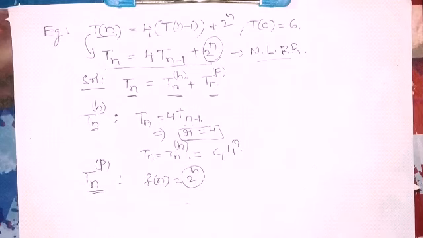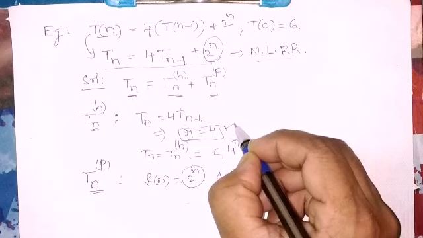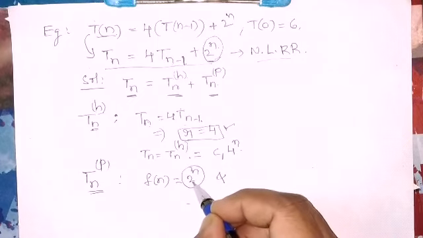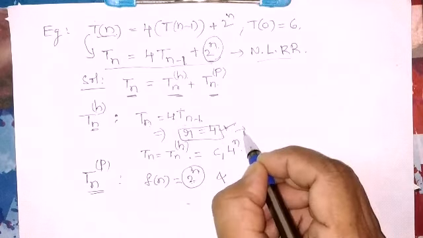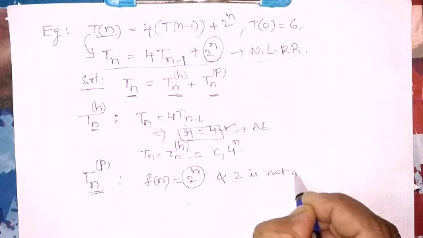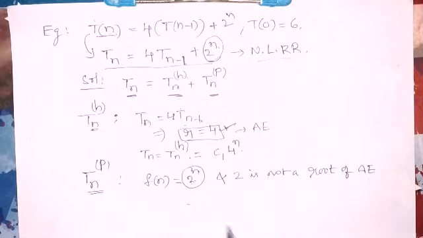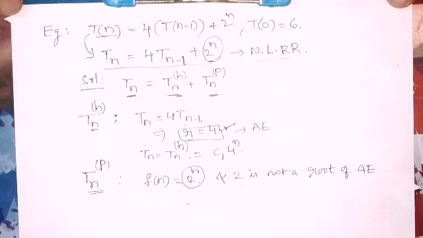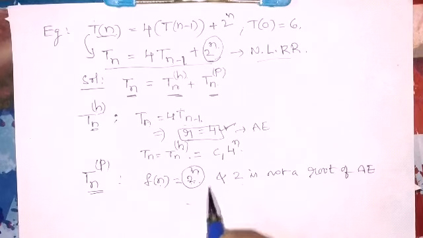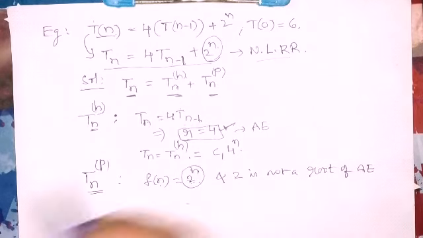Because 2 power n is given, and we can see 4 is the root, which means 2 is not a root of the auxiliary equation.